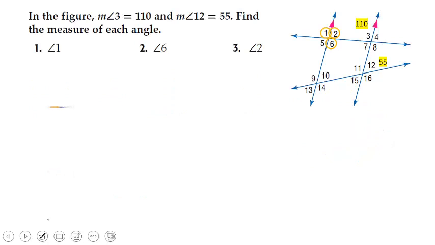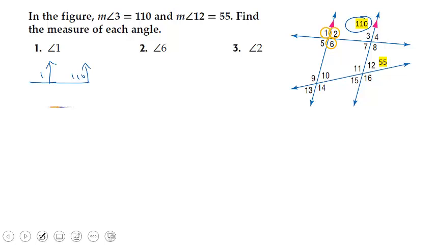Now when I look at angle 1, it looks like this. That's where 1 is. And in relation to the angles that I know, I have 110 up top here. So if I put it together, I have 110 over there. Putting that together, you can see that those two lines are parallel. That's given in the drawing.